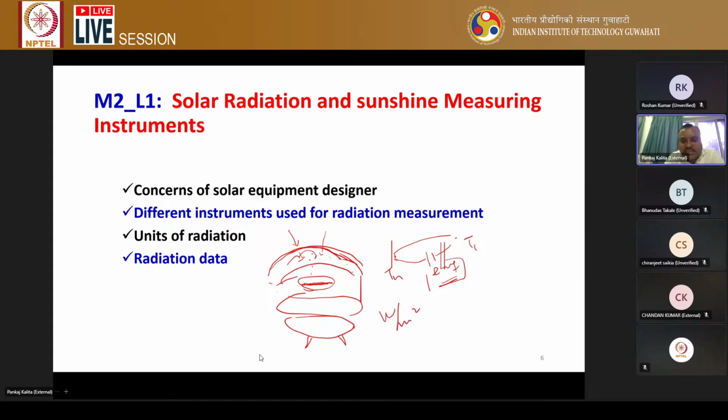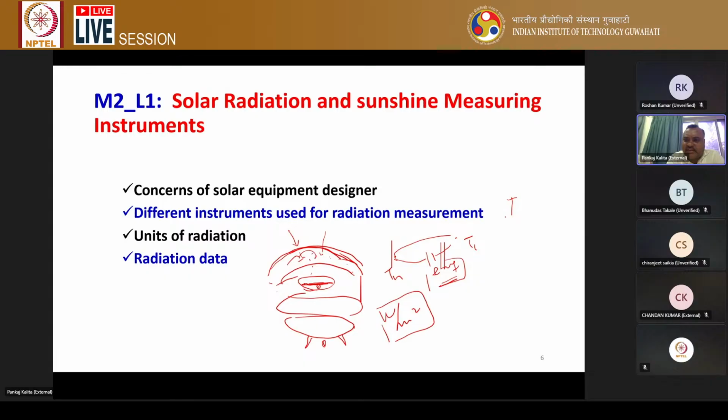So at a particular point in time, we get the solar radiation falling in watt per meter square. Here we are attaching one thermocouple, and sometimes we use thermopiles. Here is another junction, and we connect them and measure the EMF, and it is calibrated. So this is one configuration for measuring global radiation.